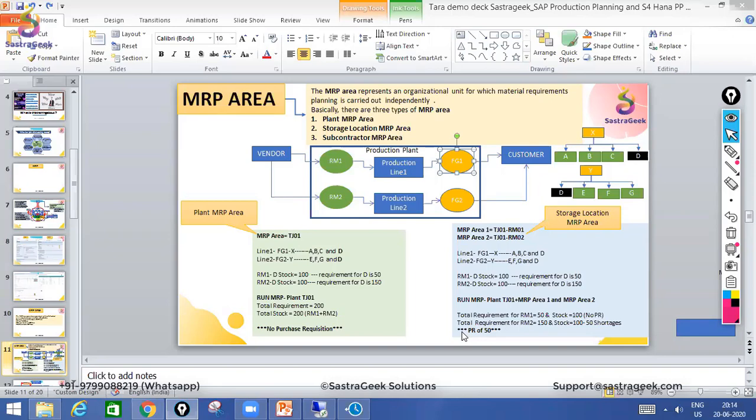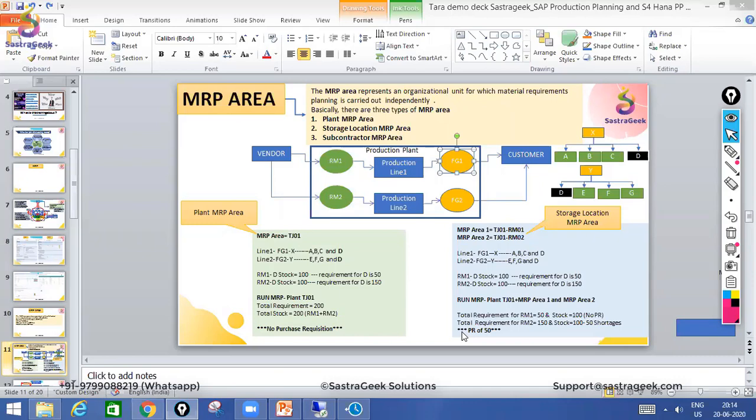Let's say my raw material is steel and I'm in the construction industry. It has a very huge weight, and it may require a different space to store that material. So transferring the material from RM1 to RM2 is not possible. In that case, my plant MRP area is not giving me the right solution.